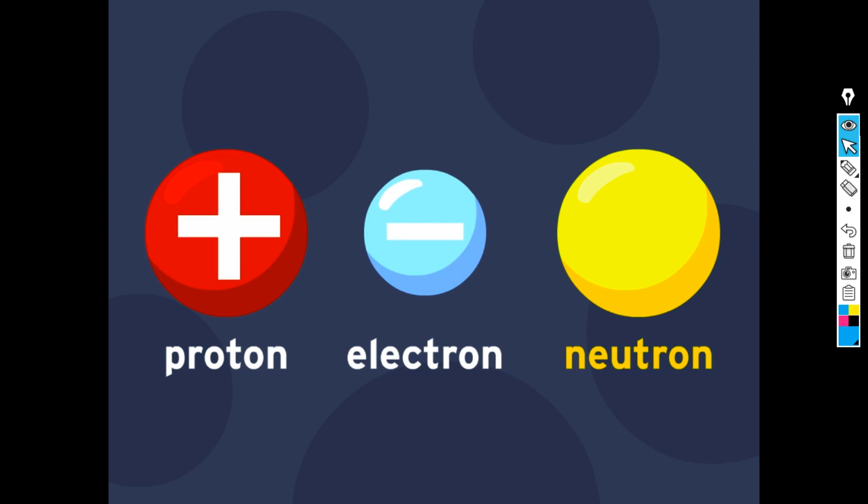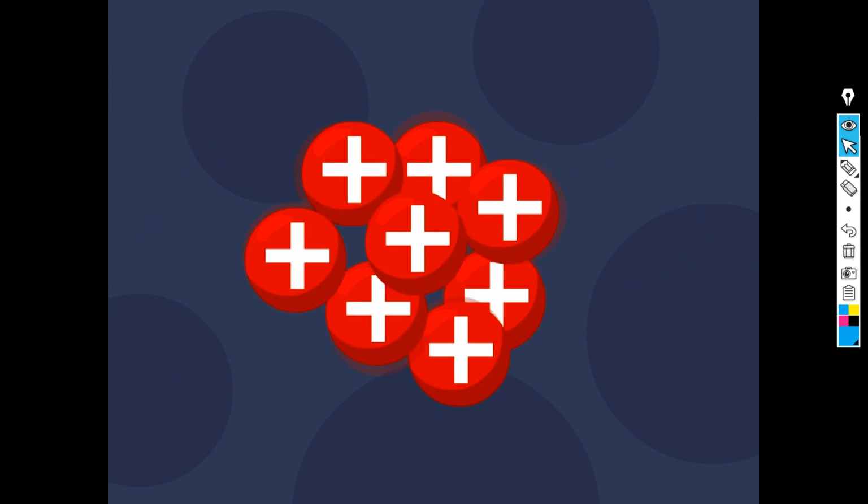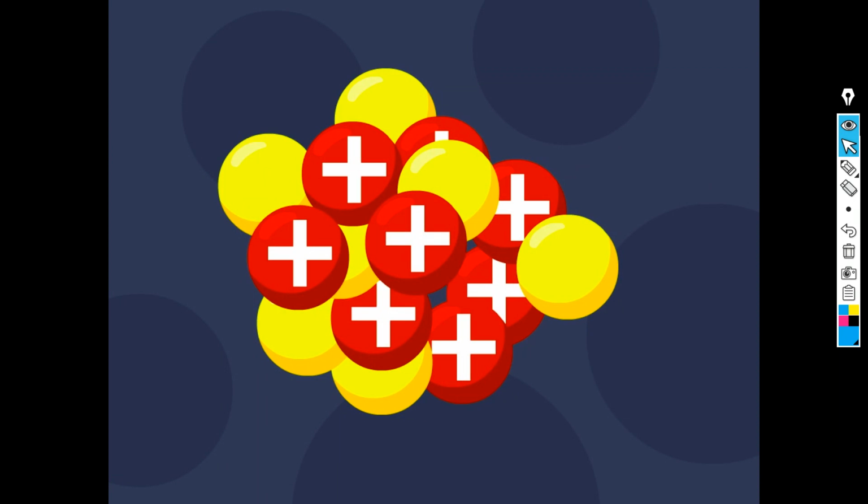Protons and electrons have charge. Neutrons have no charge. We know that opposite charges attract and like charges repel. So, ever wonder why all those protons in the nucleus clump together instead of flying apart? The answer is neutrons. Neutrons provide just enough to overcome all that positive charge. So you can think of neutrons as a kind of glue for the nucleus.